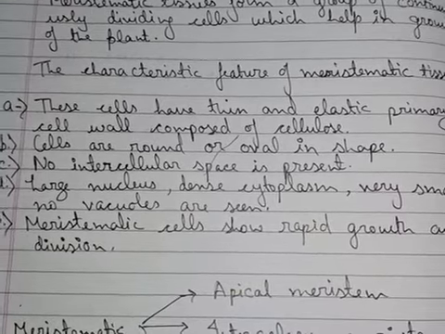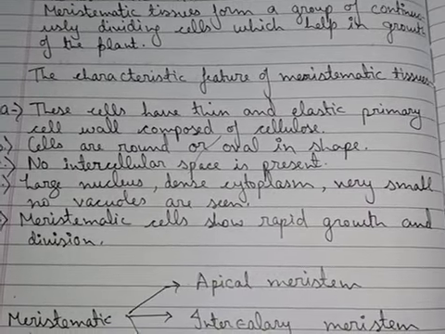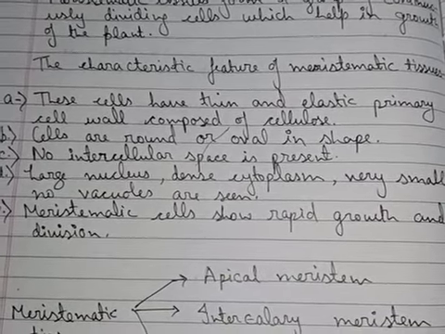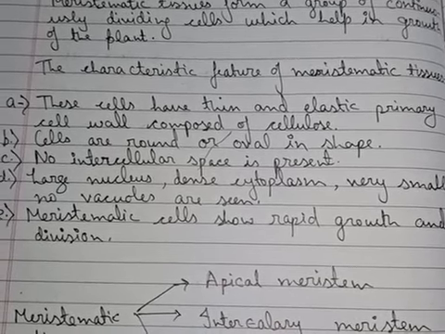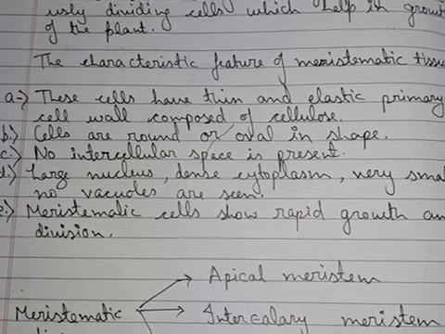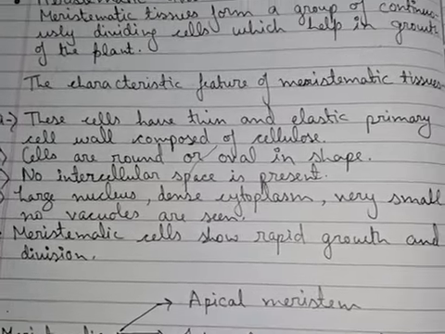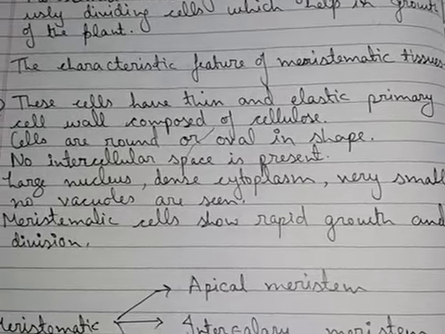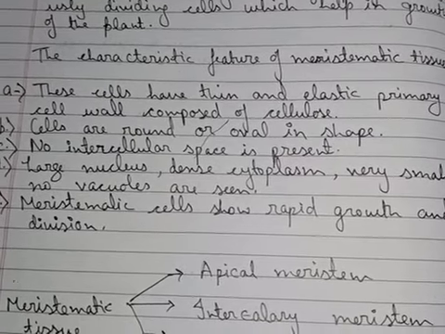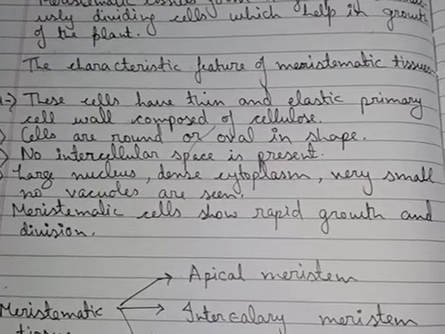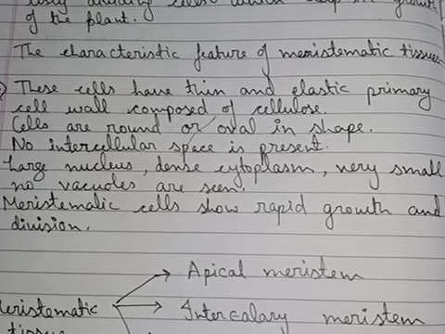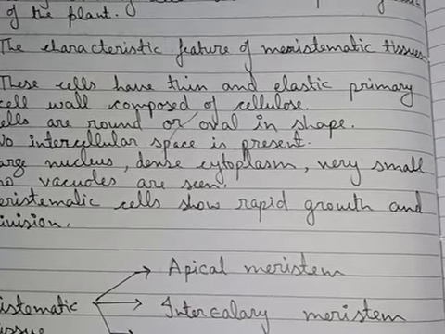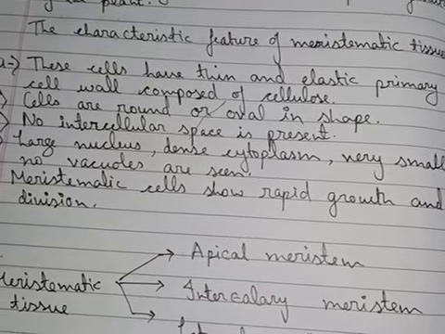The fourth point is a large nucleus, dense cytoplasm, and very small or no vacuoles. In meristematic tissues, the nucleus is large, and the cytoplasm is dense, meaning thick.